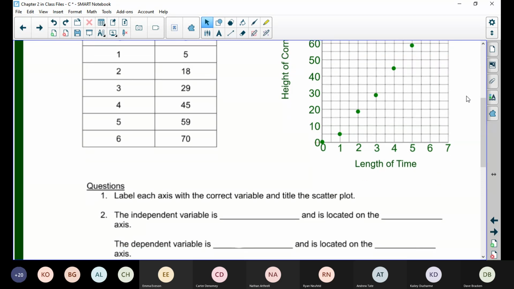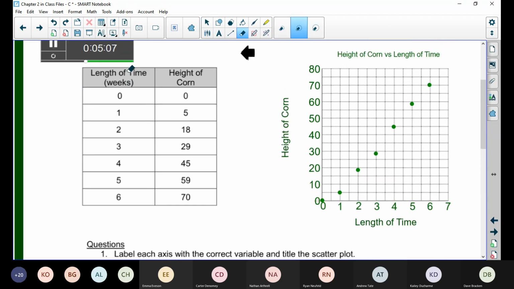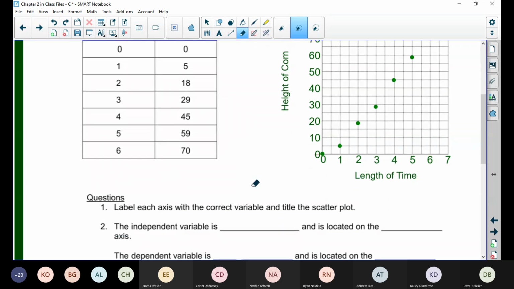The independent variable, if I remember back from the previous page, in this case is the first one in my table or the bottom one on the graph. They're the same. So I believe that's going to be length of time. And this is located on which axes? Horizontal. The bottom one is the horizontal axis.